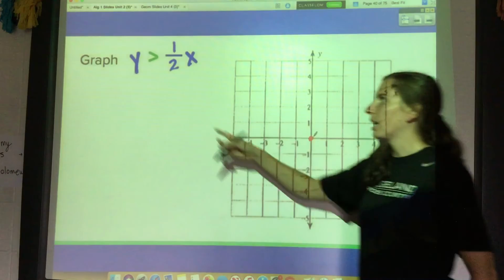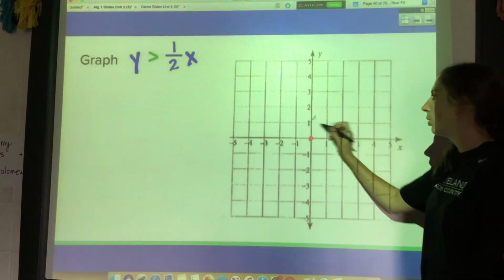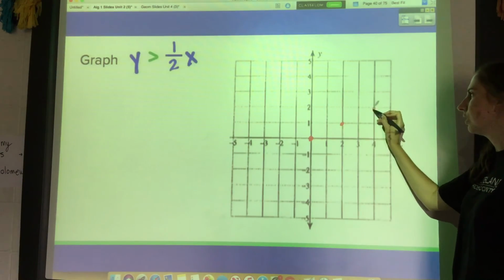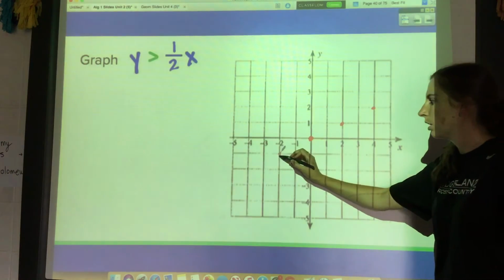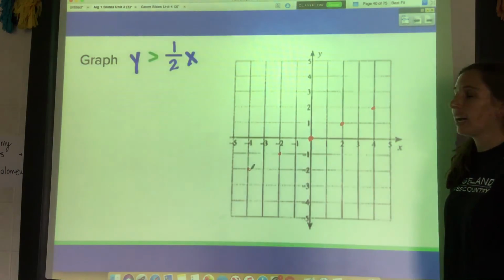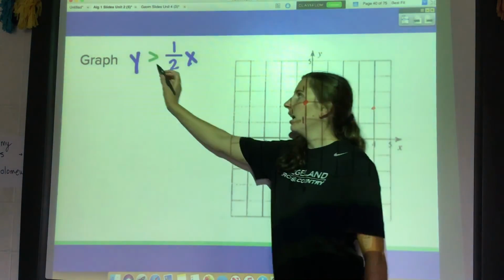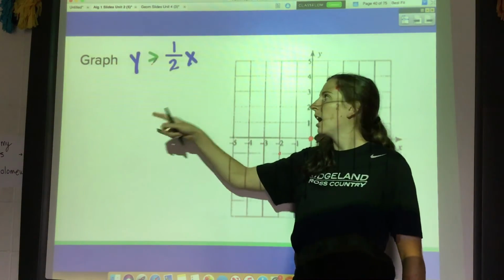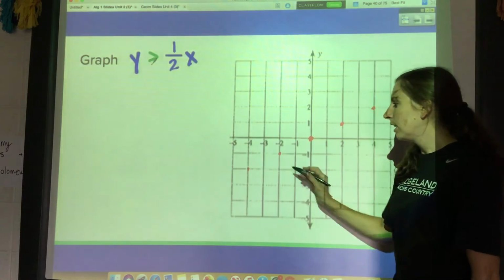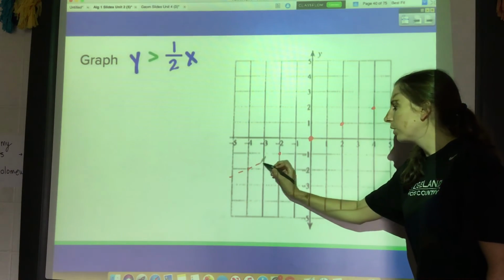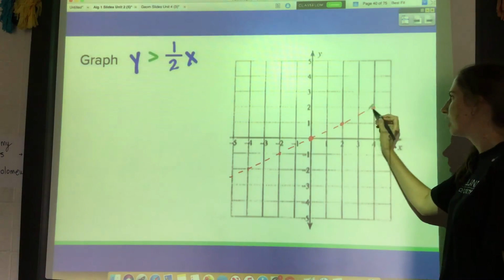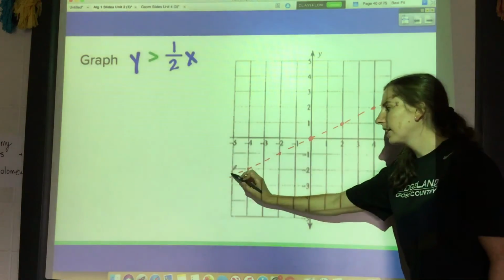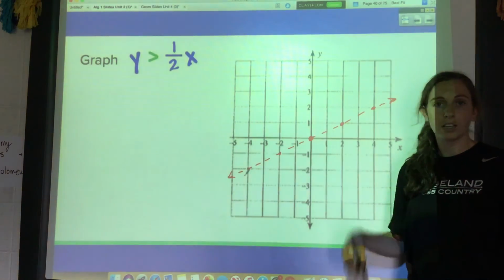The slope is 1/2, so go up 1 over 2, up 1 over 2, and so on, or backwards. In this case, there is not a little line underneath. I want greater than the line, I don't want it to equal the line. So I'm going to do a dashed line, which tells me I want everything that goes right up to the line, but I'm not including the line.